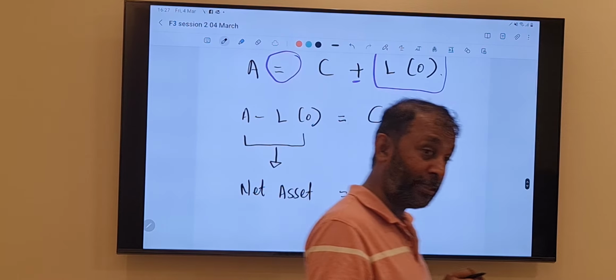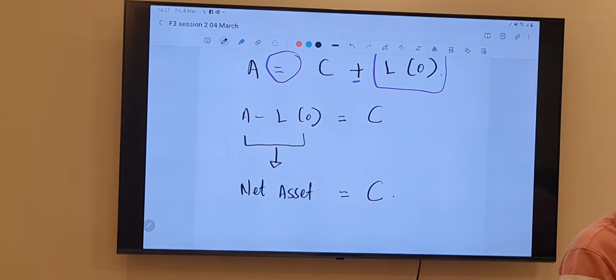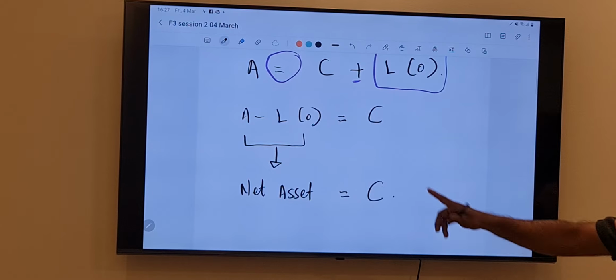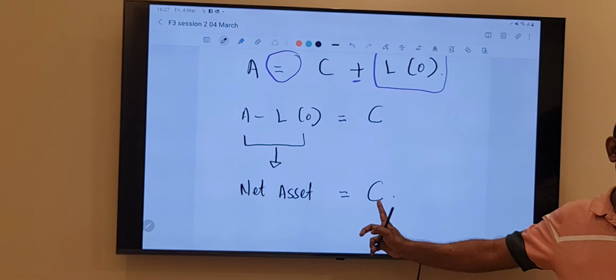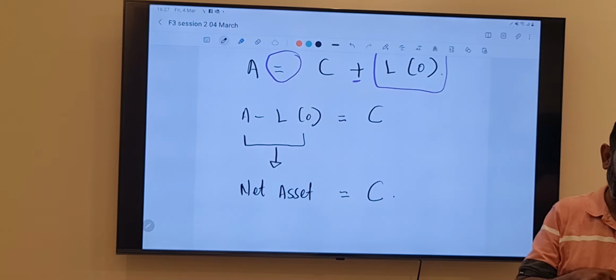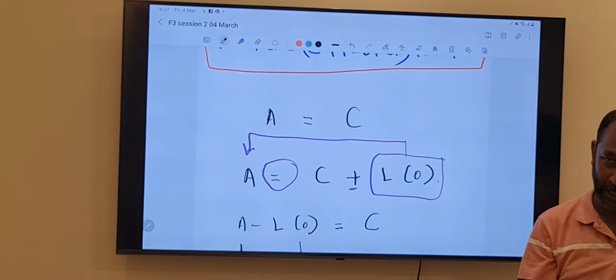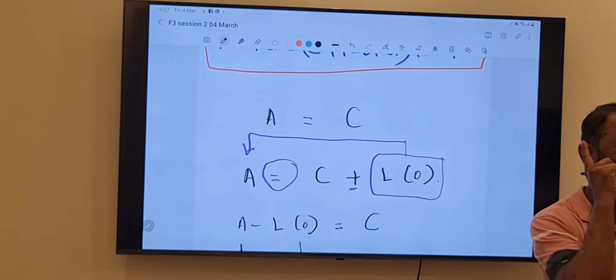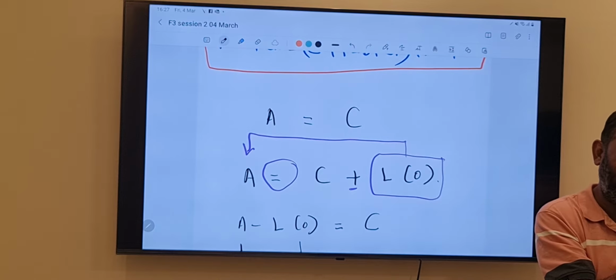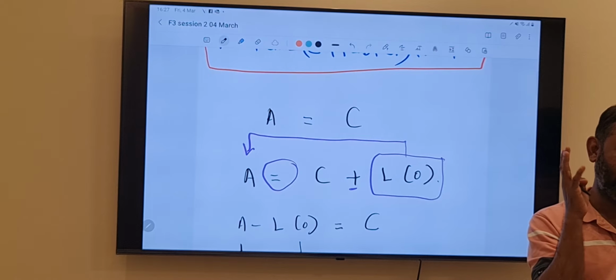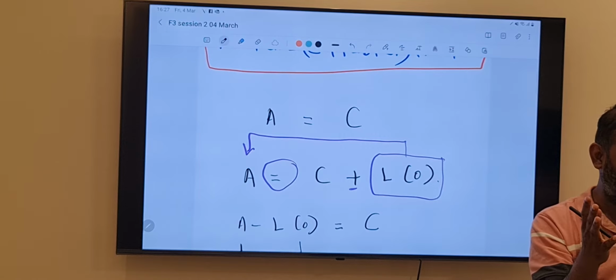Asset minus liability, even if the liability is 0, is net asset, but that net asset we have a different name for: capital. In our accounting study journey, this equation we studied very first. Can I say this equation is at the beginning of our business? Start, very first, beginning.